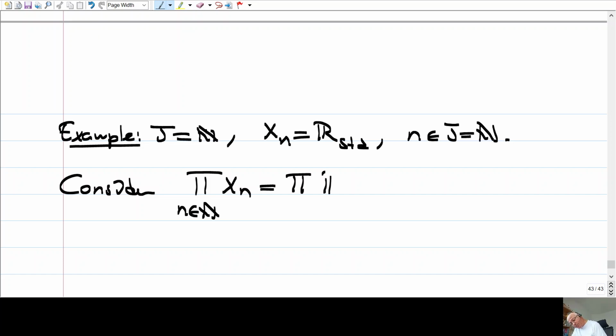This is just the countably infinite product of the standard topology on R, with the box topology.